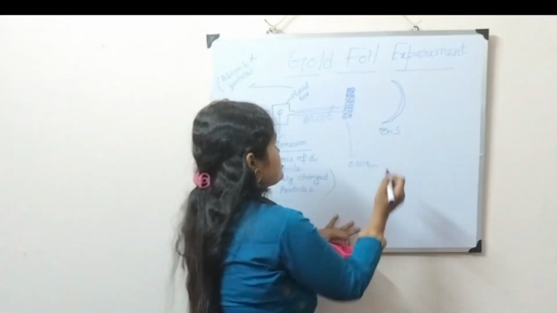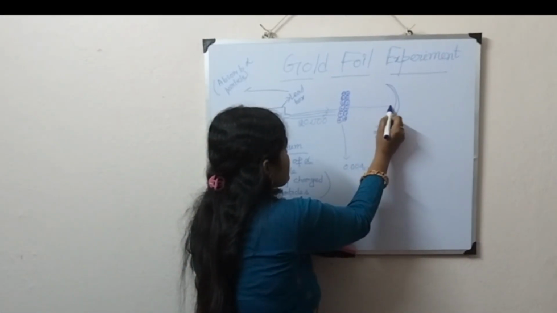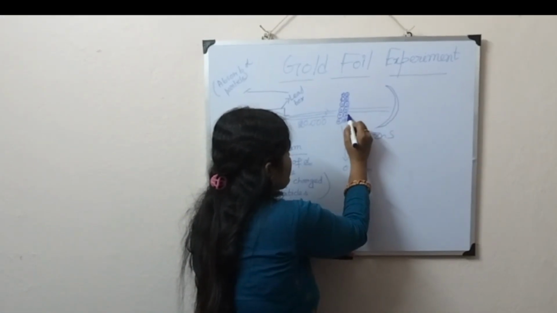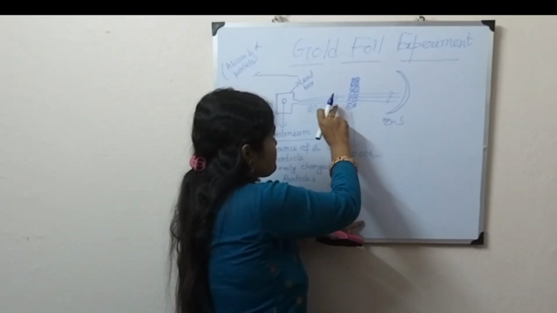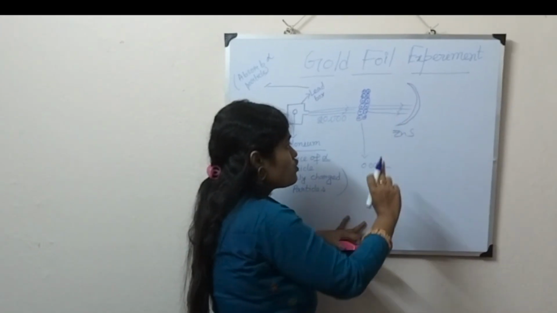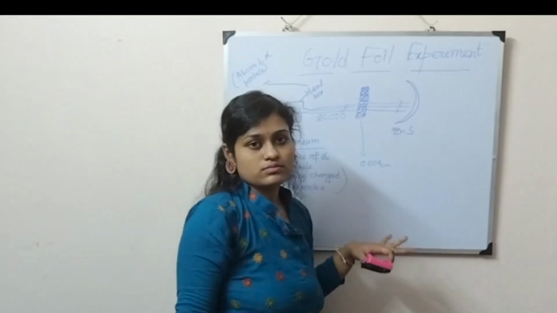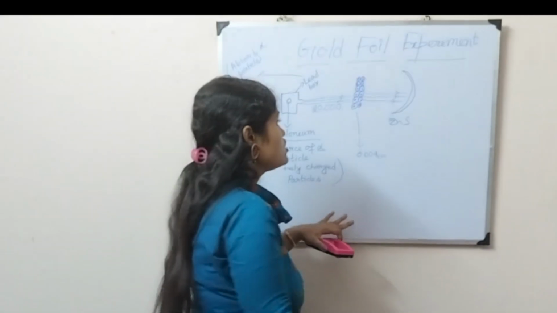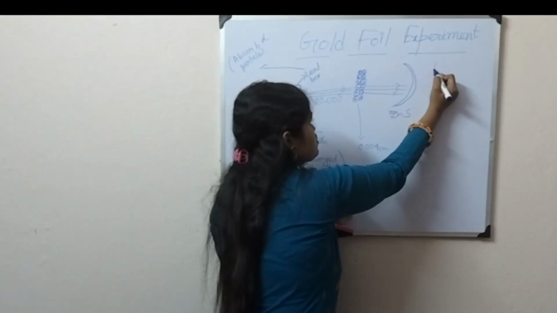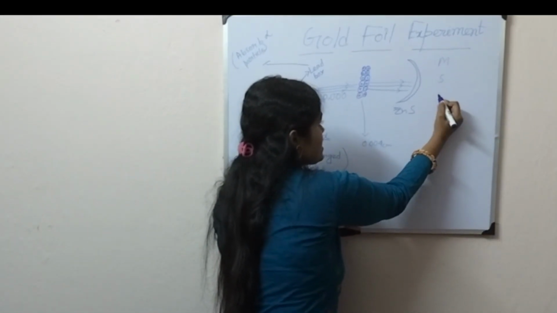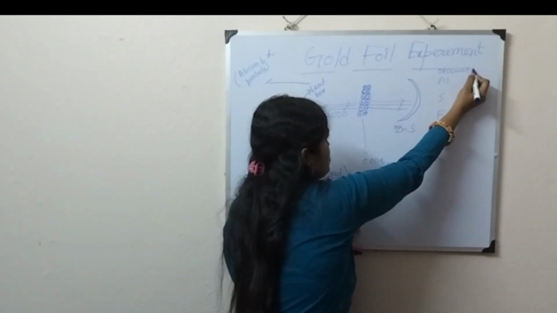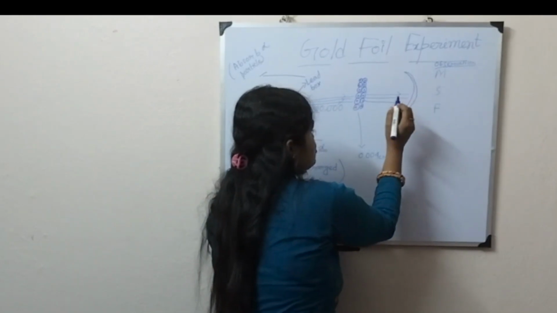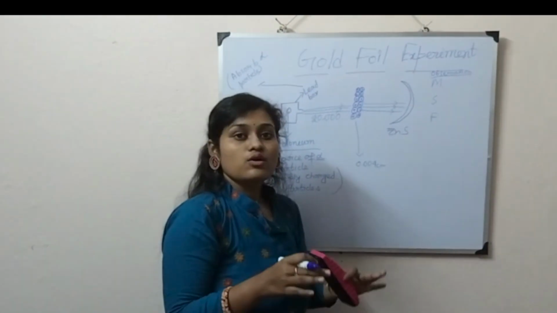The observation: he saw that most of the particles go through the gold foil. So that is the observation. Most of the particles go through the gold sheet.